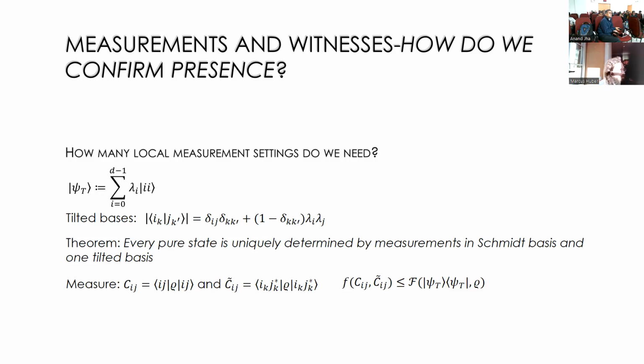So if we want to have frequency bin entangled photons, this would be measurements in the frequency basis. If we have momentum entangled photons, we measure in orbital angular momentum. And then we basically guess the target state from the diagonal elements of the matrix. So for instance, if they are equidistributed, we guess it's the maximally entangled state, or something else. And then we just construct the tilted basis from the measurement in the first basis.